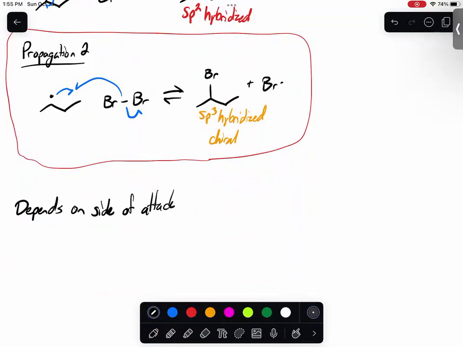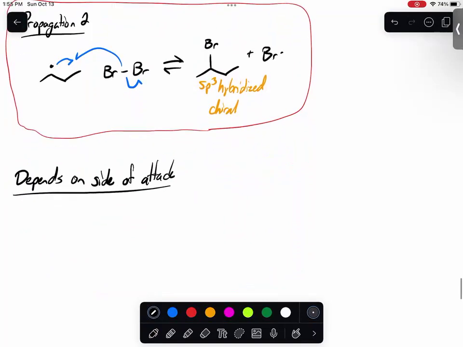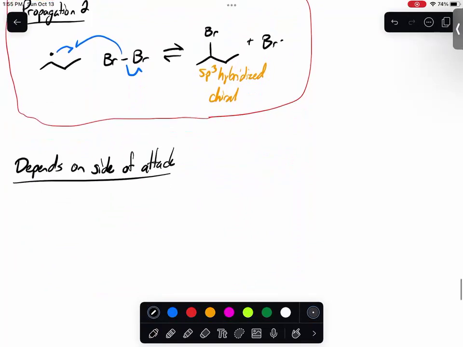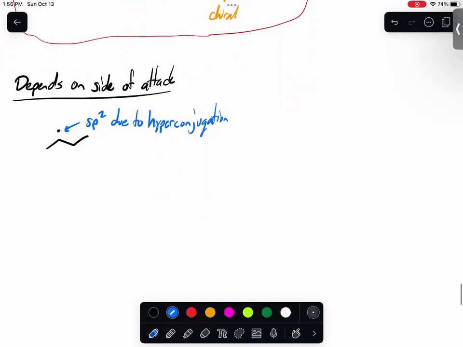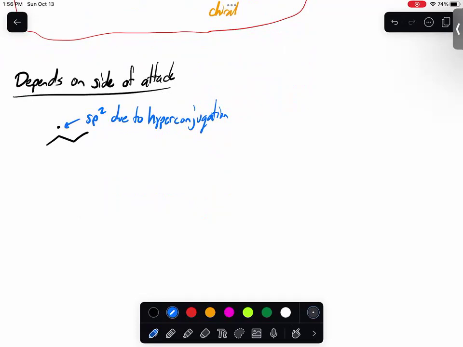All right. So we already recognize that this radical right here is sp2 due to hyperconjugation. But here's the thing. Since it's sp2, that means it is trigonal planar. But the important part is the p orbital is above and below the plane.